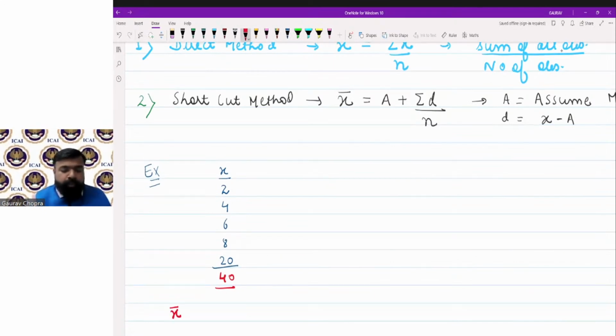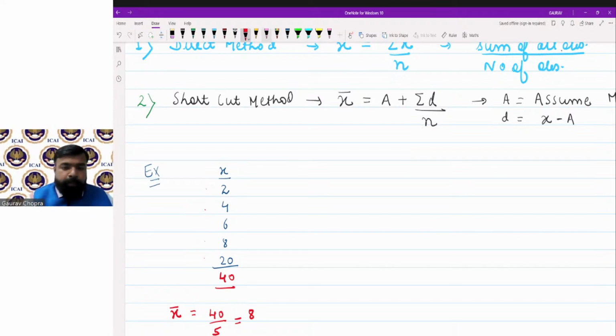Then we apply the formula x bar equal to sigma x, that is 40, upon the number of observations. How many observations are there? We can count 1, 2, 3, 4, 5. So 5 observations. So 40 upon 5 is 8. So the arithmetic mean is equal to 8. Okay, so this is according to the first method.